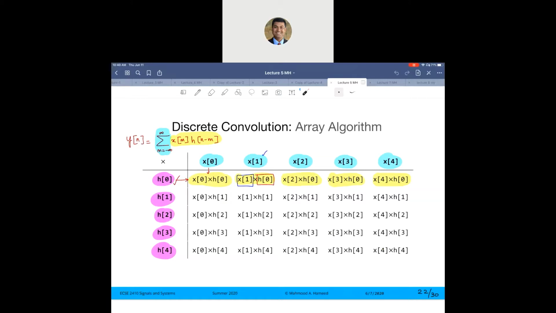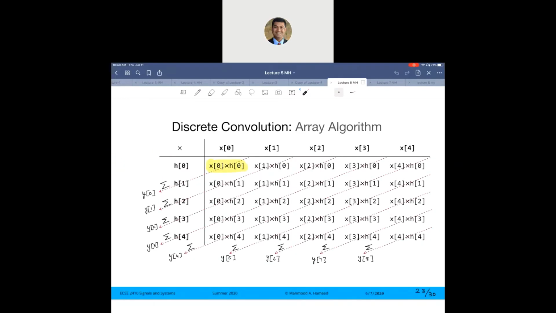And once you fill out the entire array, we need y of n, right? So we need the output when the input is x and the impulse response is h. To compute the output, all you have to do is sum across the diagonal.